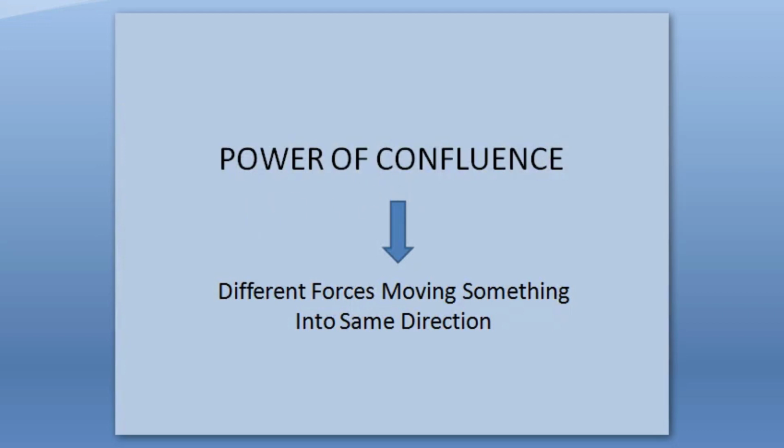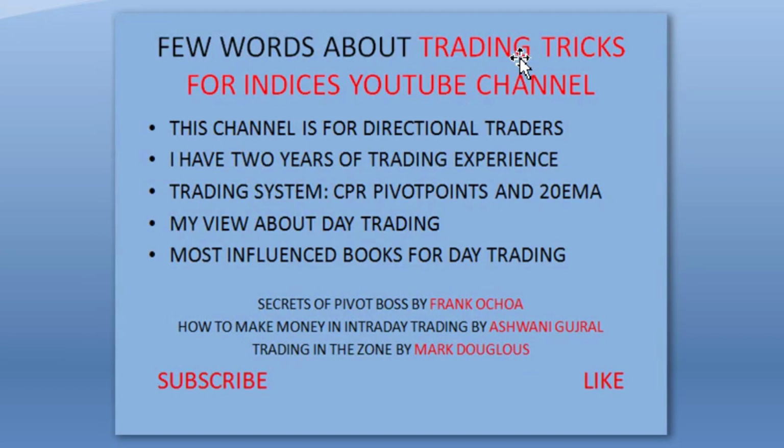Now a few words about this channel, Trading Tricks for Indices. Who can watch this channel? This channel is for directional trades. Novice traders especially could watch for simple, tension-free strategies, and the simplest form of indicator I have ever found is CPR pivot points, which you can learn on this channel.